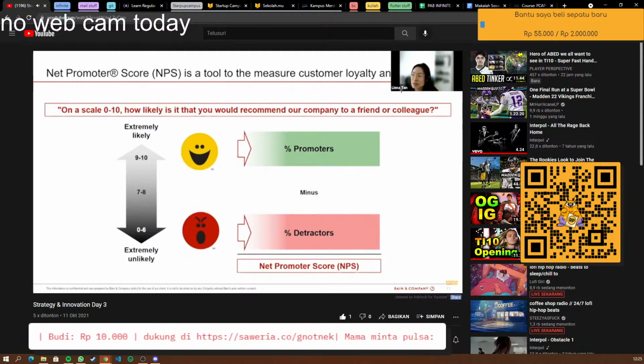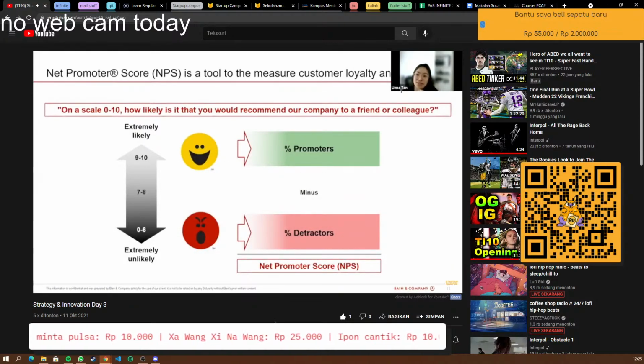Okay. So once you have a group of customers, one of the things that you can also look at is how loyal is your customers to you. Jadi mungkin ada yang pernah dengar ya Net Promoter NPS ini untuk measure customer loyalty dan advocacy.